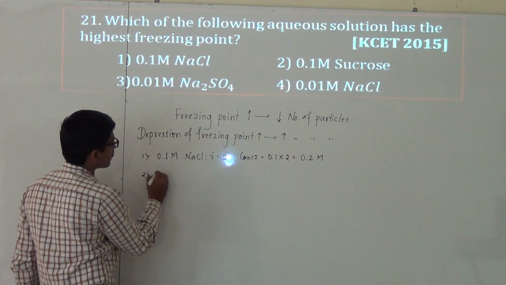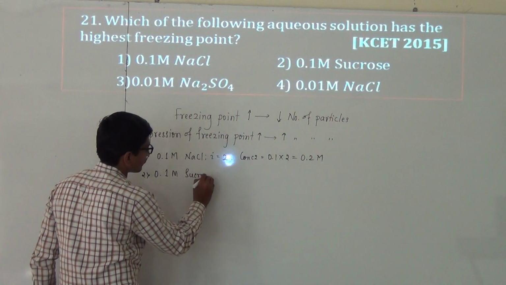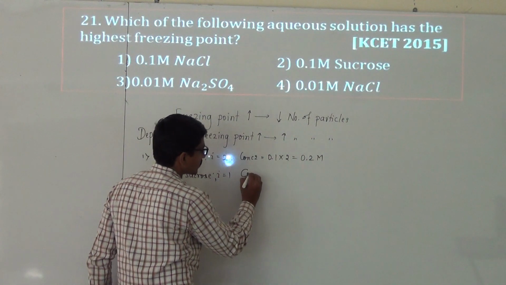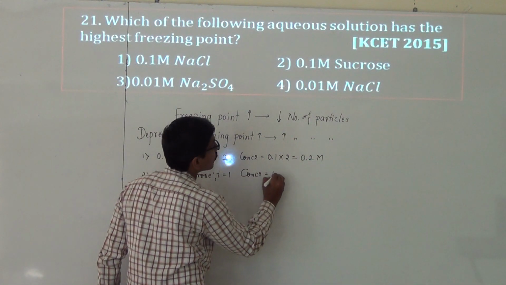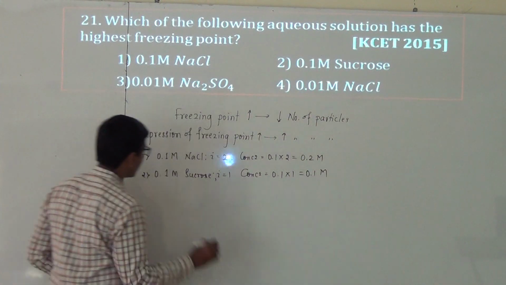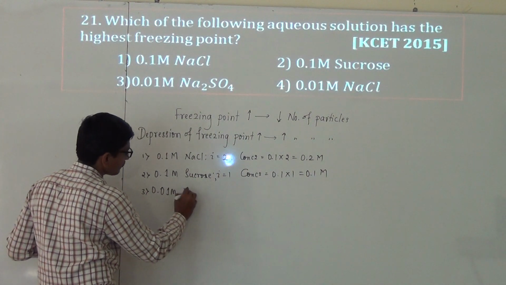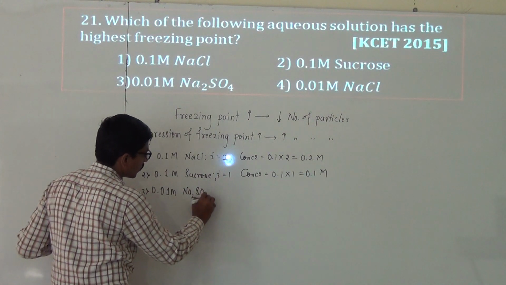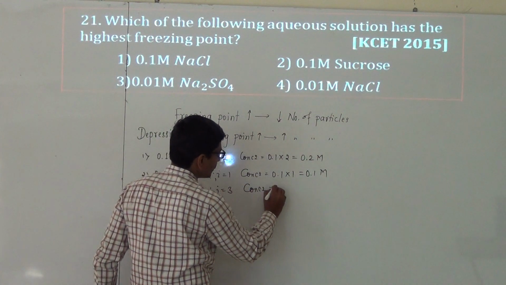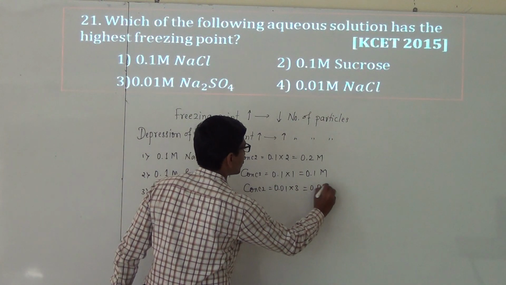Second option is 0.1 m sucrose. i is equal to 1, concentration is 0.1 into 1, which is equal to 0.1 m. Third option is 0.01 m Na2SO4. i is equal to 3, concentration is 0.01 into 3, 0.03 m.